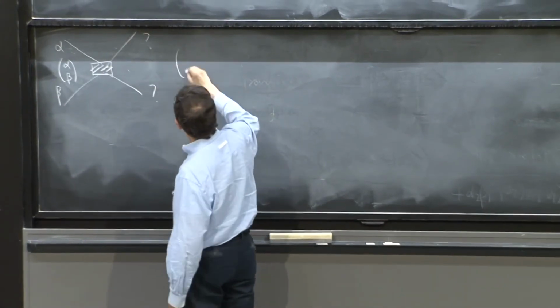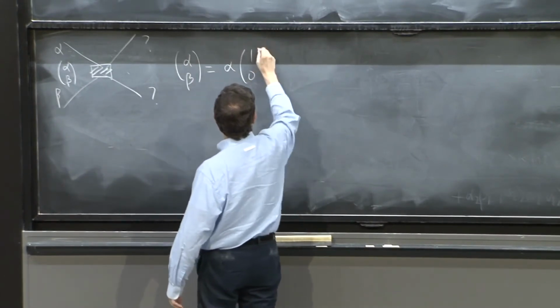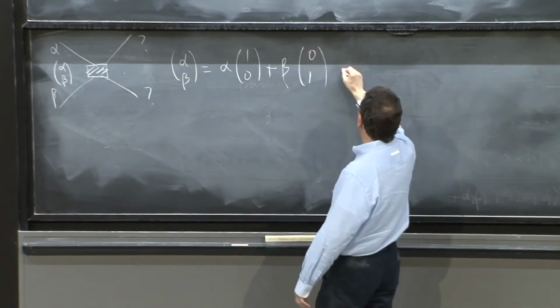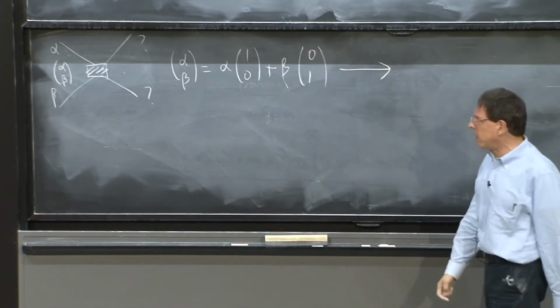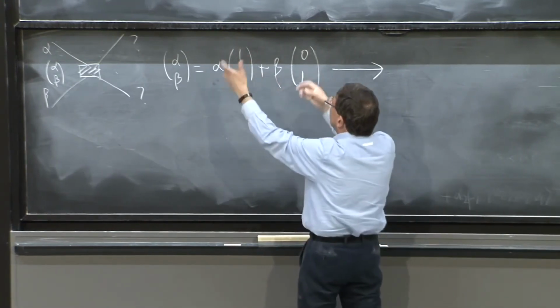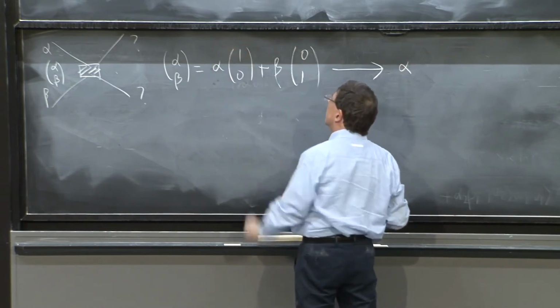Well, the alpha beta state, as you know, is alpha |1,0> plus beta |0,1>. And now we can use our rules. Well, this state, the beam splitter, is a linear device, so it will give you alpha times what it makes out of the |1,0>.